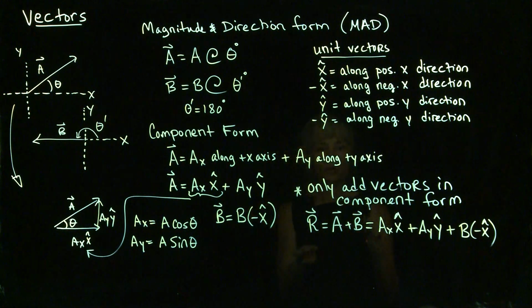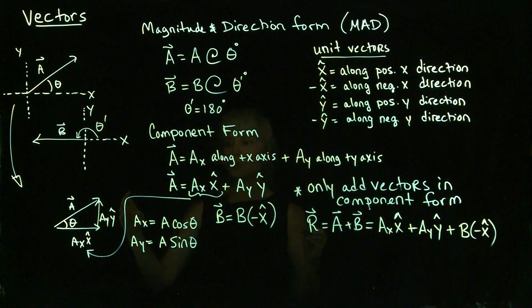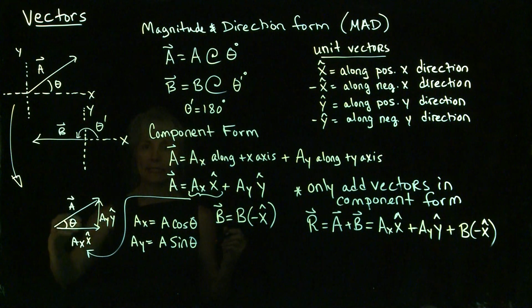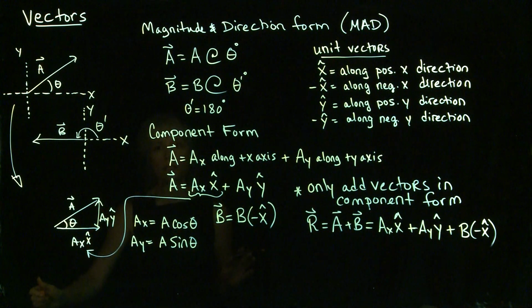Notice what we've done. We've taken our vectors and we've projected them into pieces along the x-axis and pieces along the y-axis. So back when we were in one dimension and we were adding two displacements, we just used pluses and minuses to keep track of the directionality part of the vector. And here we are doing something similar. We're transferring that information to something that's a little bit more complicated, but still using the same principles.